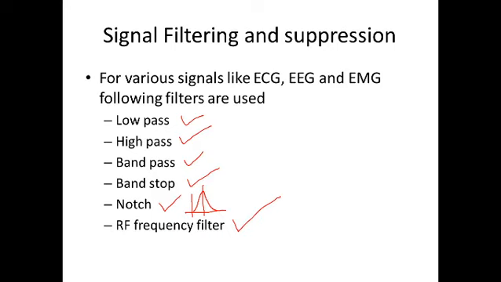Of course, these filters can be either analog or digital. You can implement them using components, or nowadays it is mostly done by digital techniques. By using different DSP algorithms, you can implement these filters, and these can reduce the noise present in your biomedical signals like ECG, EEG, and EMG.